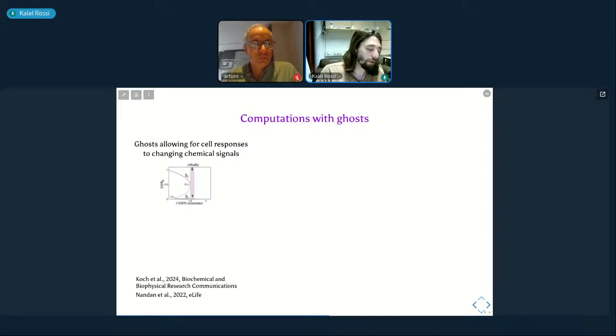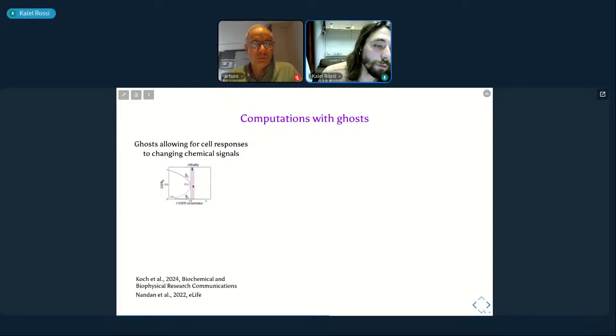And in the group, they actually did experiments looking into these receptors called EGFR receptors, and they have models that are fit to the data, and often they can be poised near this saddle node bifurcation, so with ghosts in their state space. So the receptor network is naturally here.